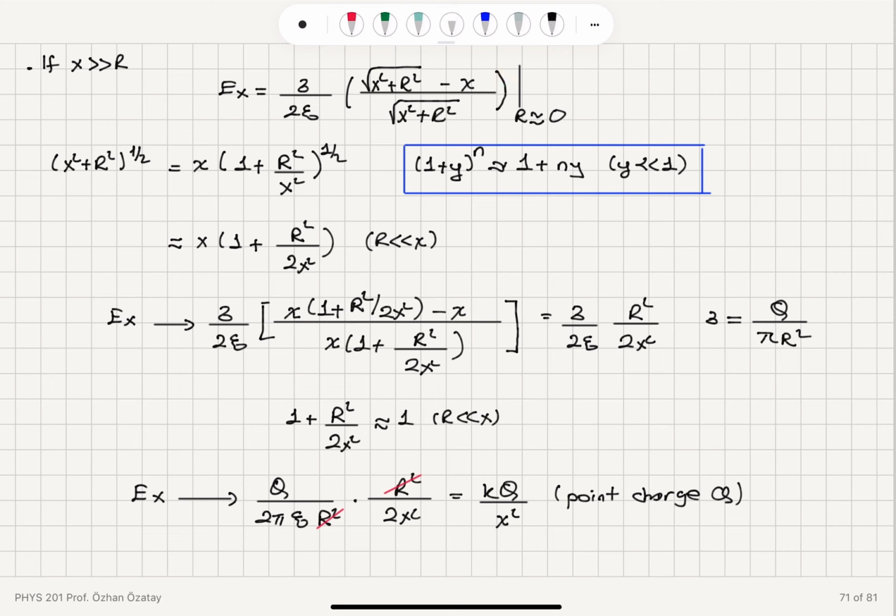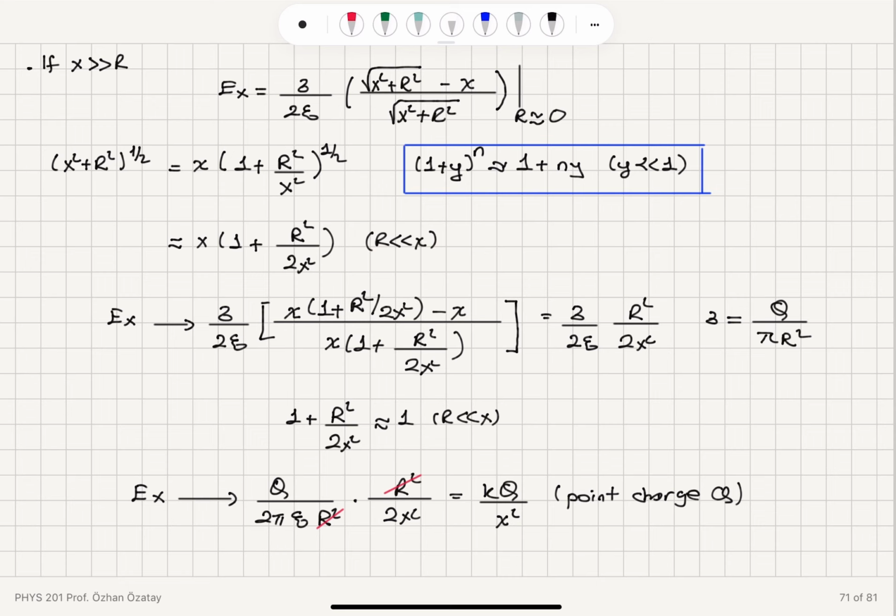The square root of x squared plus R squared can be written as x times (1 plus R squared over x squared) to the power 1/2, remembering that (1 plus y) to the power n for very small y, much less than 1, is like 1 plus ny in a Taylor series expansion. So this is replaced by 1 plus R squared over 2x squared for R much less than x.